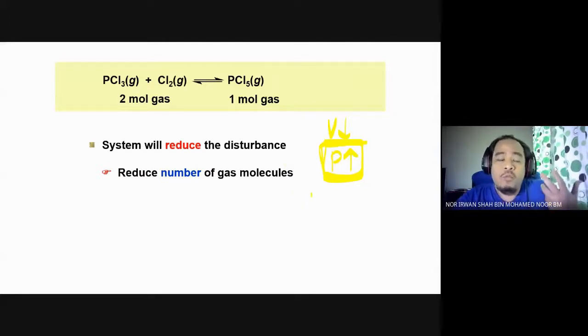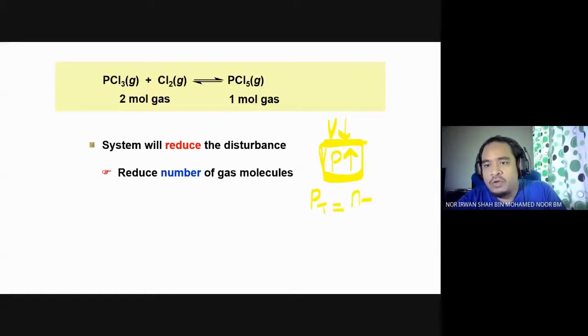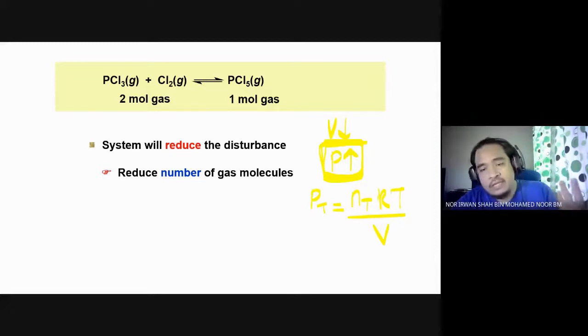Why does the system need to reduce the number of gas molecules? If you look at the ideal gas equation, P total equals N total times R times T over V. Volume can't be changed because it has already decreased. Temperature can't be changed, and of course the gas constant is fixed.